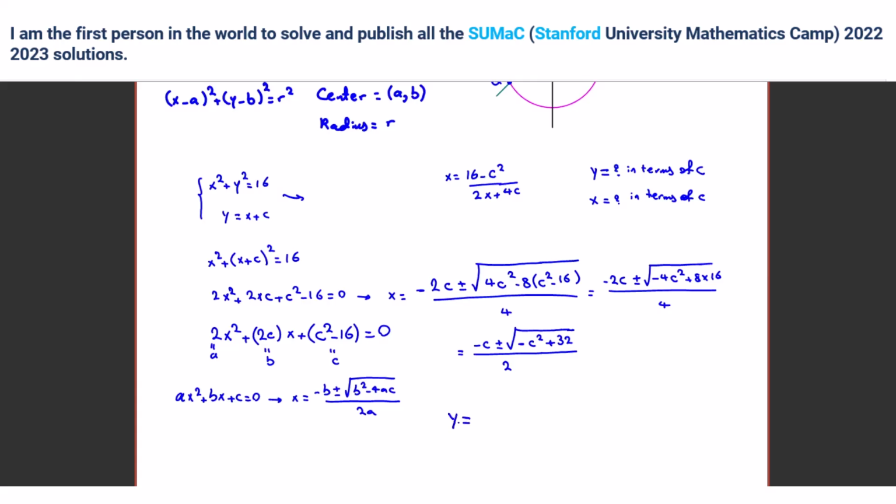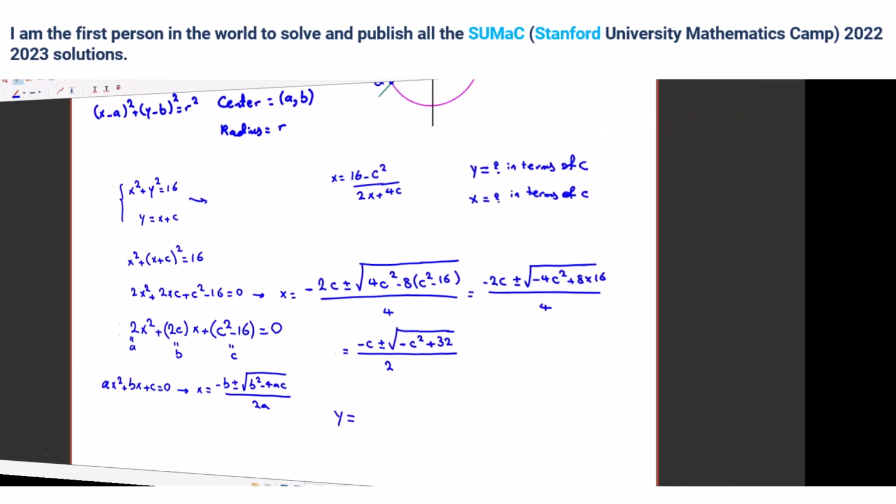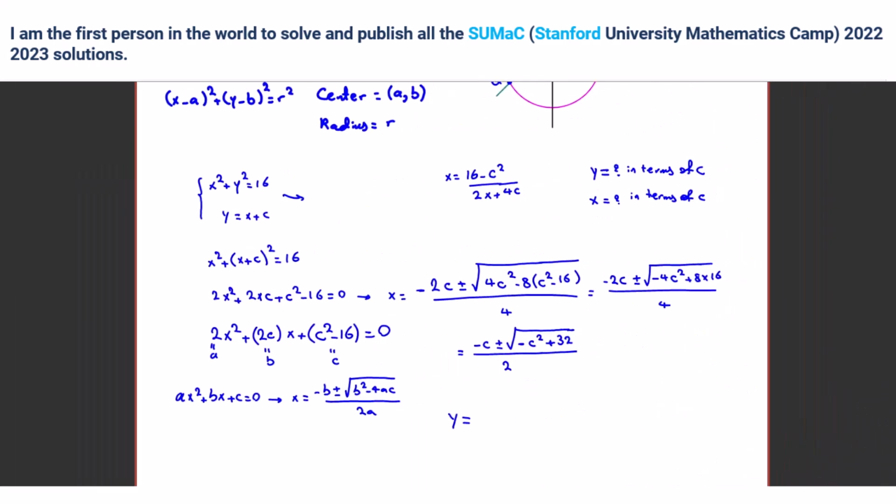Yeah. Okay, so find two values of y. Y equals c plus or minus the square root of negative c squared plus 32, over 2.